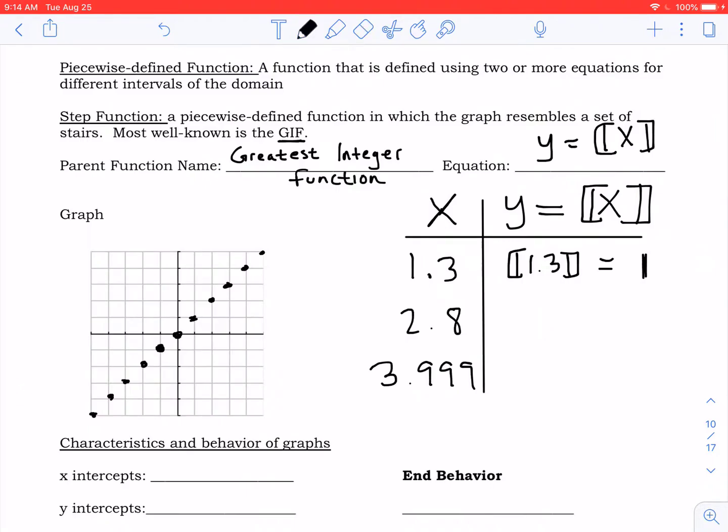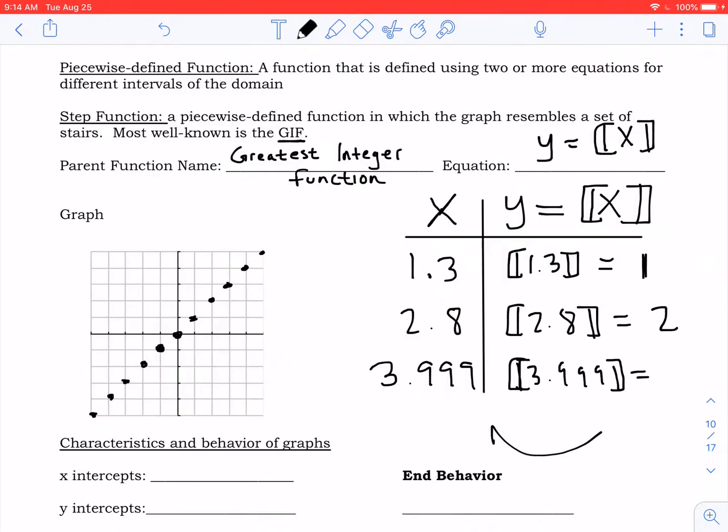What about double bracket 2.8? Well, if we round that down to the nearest whole number, 2.8 gets rounded down to 2. Even this, what's double bracket 3.999? Well, it gets rounded down. So even though 3.999 is super close to 4, it's going to get rounded down, or rounded to the left, down to 3.